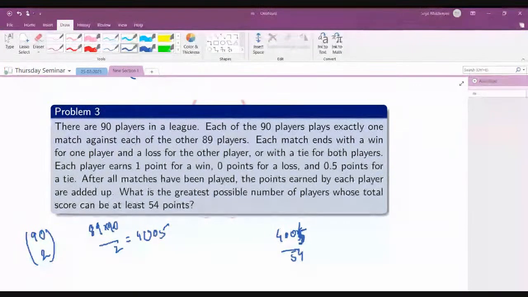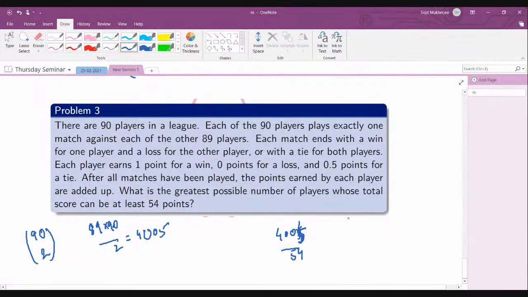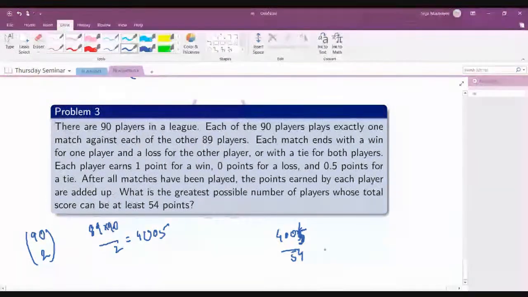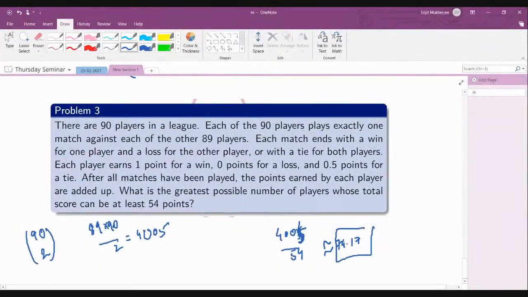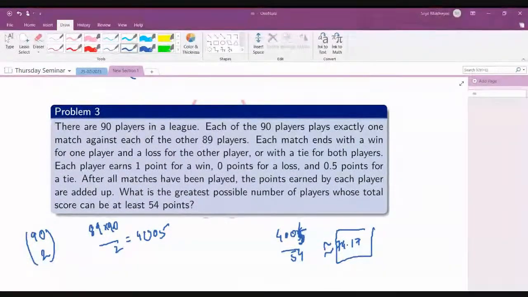We get around 74.17, which is not an integer. So we need to make some changes over here, since dividing the score equally among all the people doesn't work.